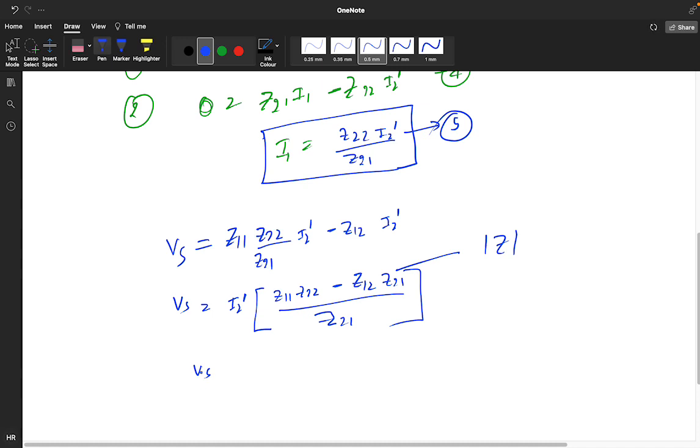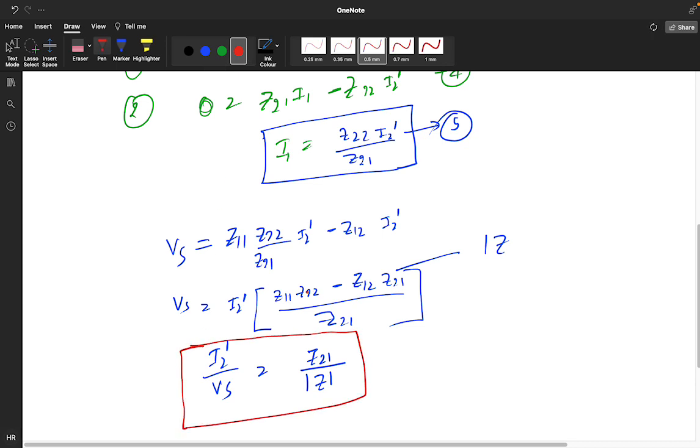We are checking the response. So I2 dash upon Vs is Z21 divided by the determinant of Z. This is your determinant only, Z11 into Z22 minus Z12 into Z21.